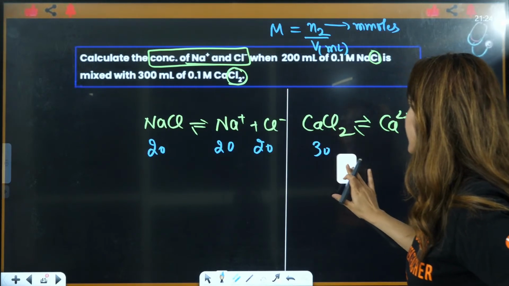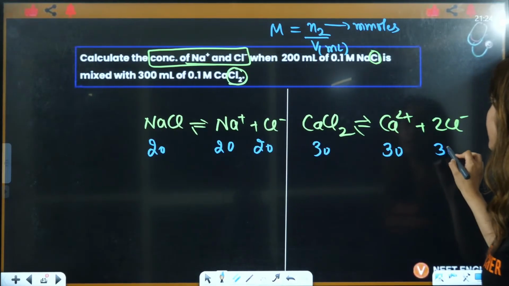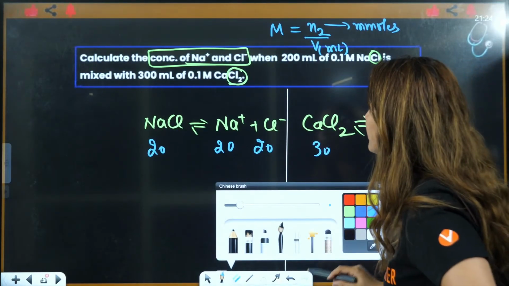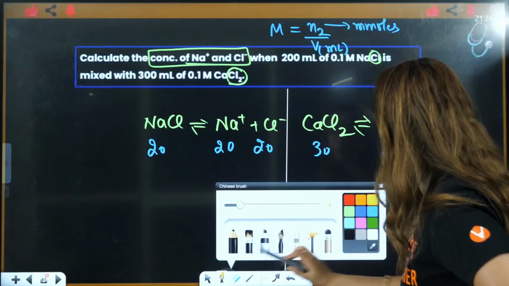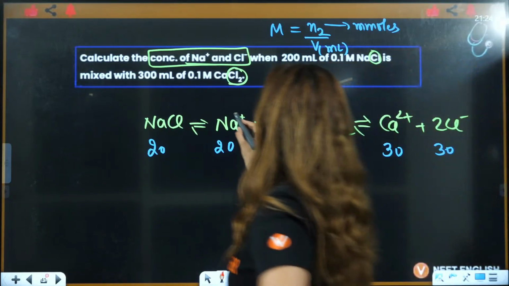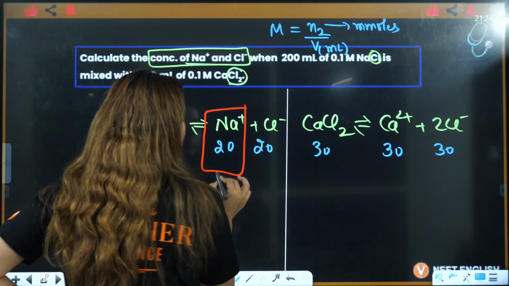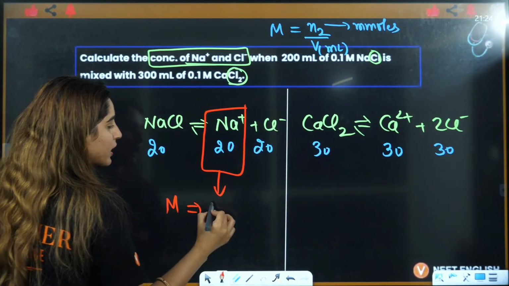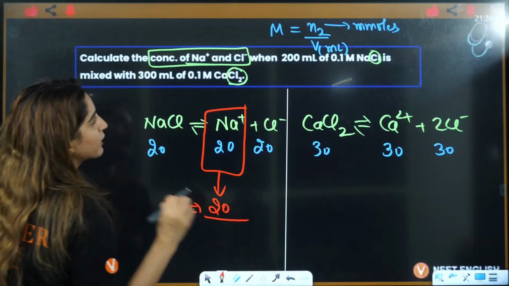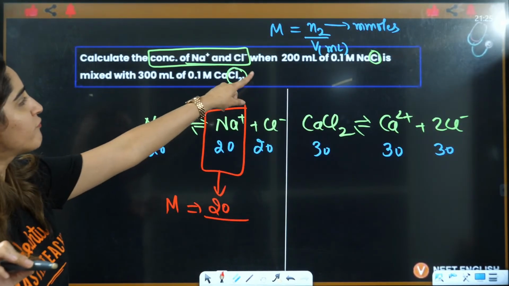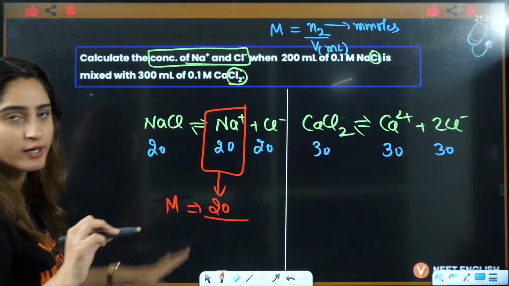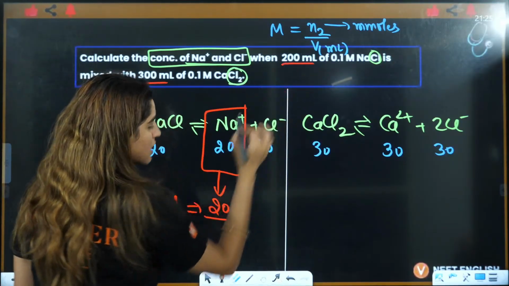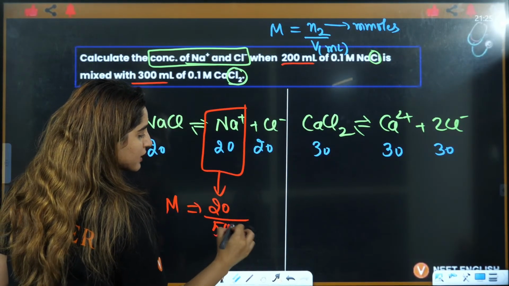Now they are saying the concentration of Na and Cl. So Na is how many millimoles? It is 20 millimoles. So molarity is going to be millimoles divided by total volume, that is 300 plus 200, so total volume is 500 now, right?